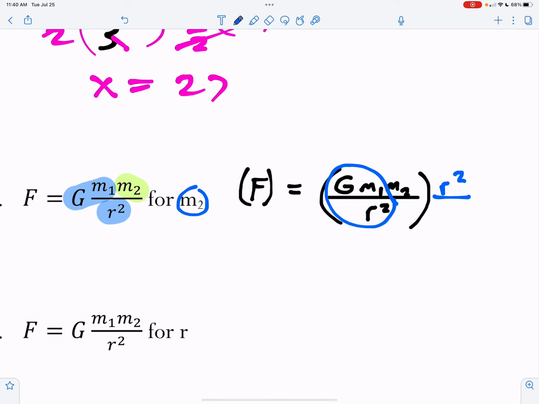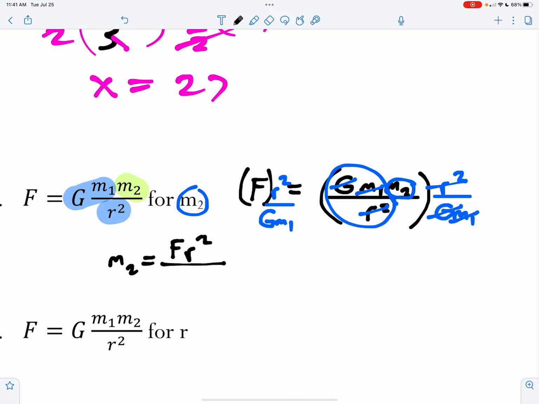R squared over g times m1. And I do that to both sides. Everything cancels. M2 is by itself. So m2 would be F times r squared divided by g times m1.